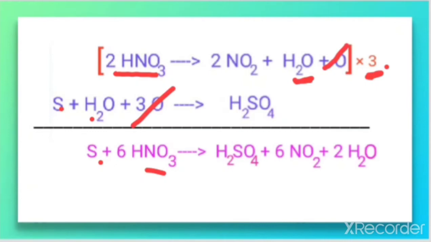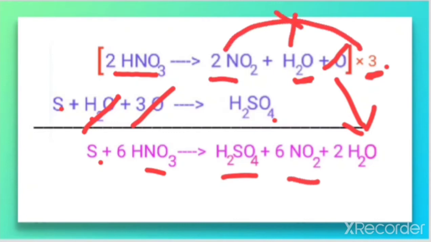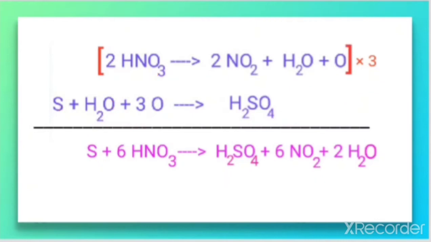So from 3 water, 1 water gets cancelled here, and 2 water is remaining. And H2SO4 is here. And this 2NO2 becomes 6NO2, because 2 into 3. So this is the equation we get while making the sum of these two.